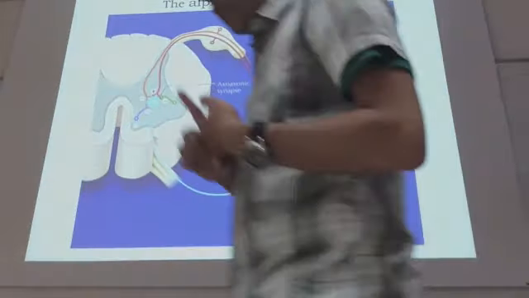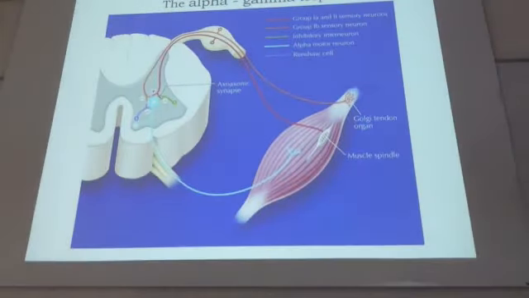There are some other kinds of motor neurons that we must think of, that although they're considered motor neurons, they don't directly go into muscles and contract them. Did you learn about muscle spindles and Golgi tendon?